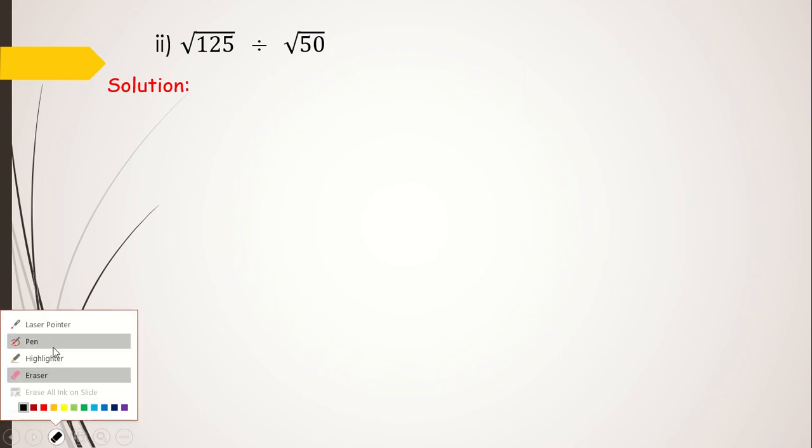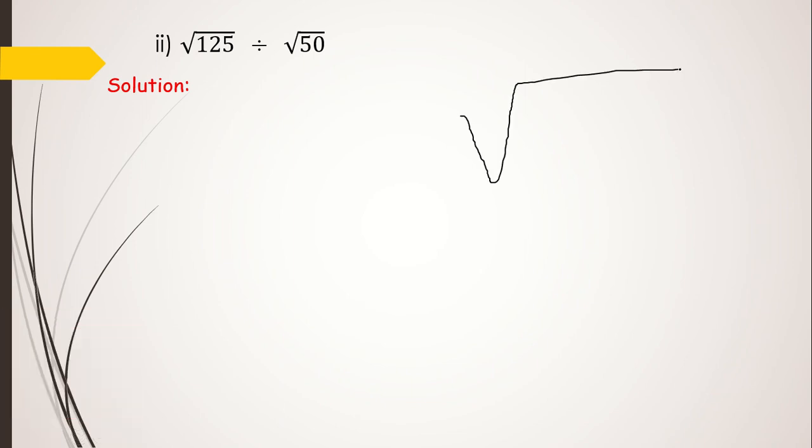Next, root 125 divided by root 50. So just divide them and see what you get. You can write it this way. 125 upon 50. Both of them are divisible by 25 actually. So 25 2s are 50, 25 5s are 125.